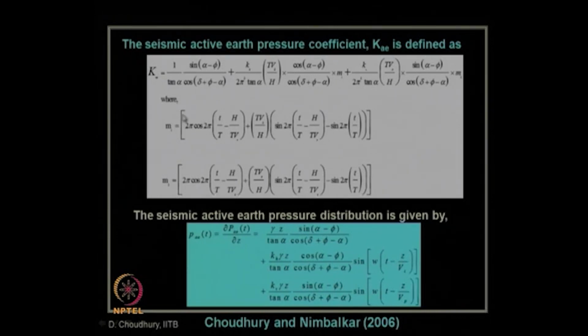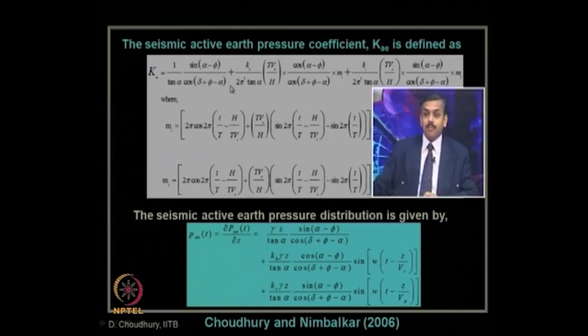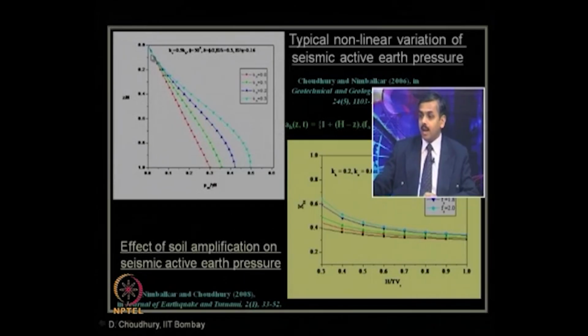You can see here also the optimization is required with respect to the chosen alpha angle and the T by T ratio. And here again we get the advantage of the seismic active earth pressure distribution, its variation with respect to the wall, which gives us the point of application of the total seismic active earth pressure. So, this is the result you can see over here.